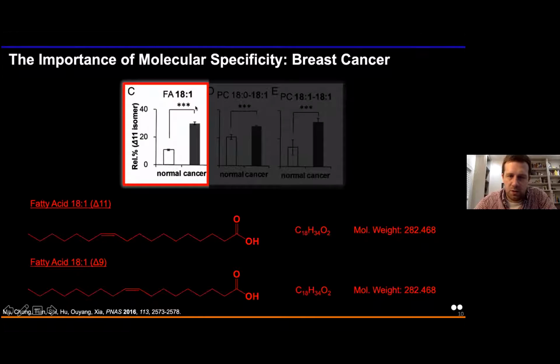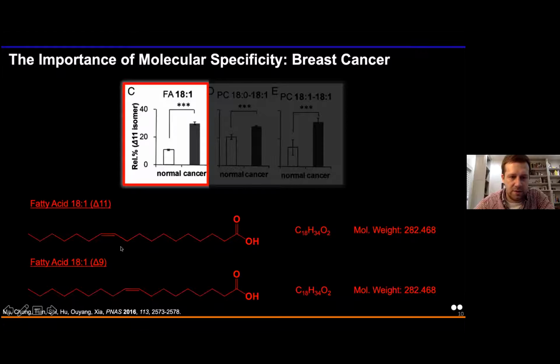And essentially they were looking at two isomers of fatty acid 18:1, the delta 11 isomer and the delta 9 isomer. For those of you who aren't familiar with this type of nomenclature, 18:1 is the total number, the 18 is the total number of carbons in the fatty acid tail, and 1 is the number of unsaturations, so a single double bond present in this tail.